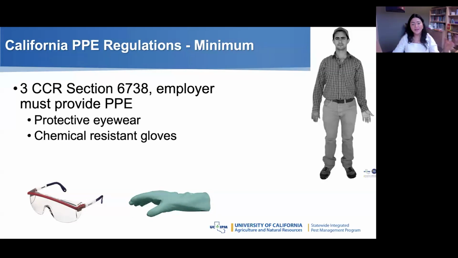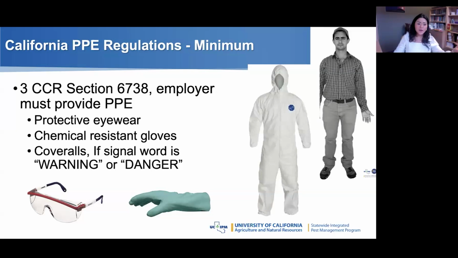But typically, as I said, first you will read the label, and if the label does not state any requirements, that person will still have to have access to protective eyewear and chemical resistant gloves. If they're handling a warning or danger pesticide, they have to have access to coveralls that are resistant to chemicals as well.